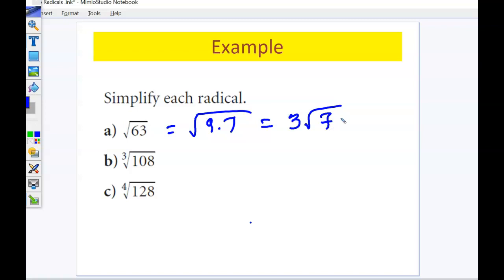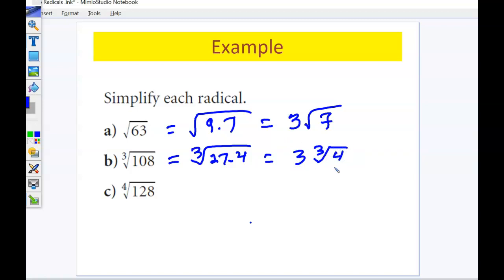The cube root of 108 would be equal to 27 times 4, which is 108. The cube root of 27 is 3, so it would be 3 cube root 4 as my final answer.